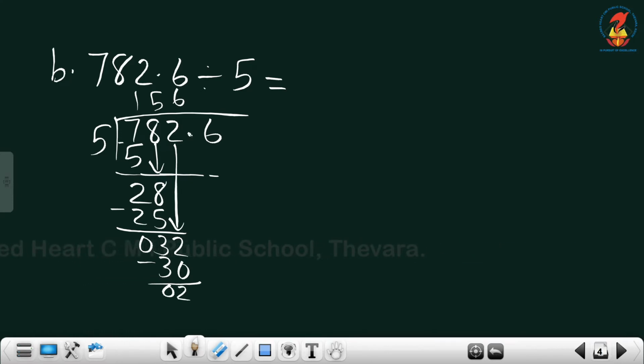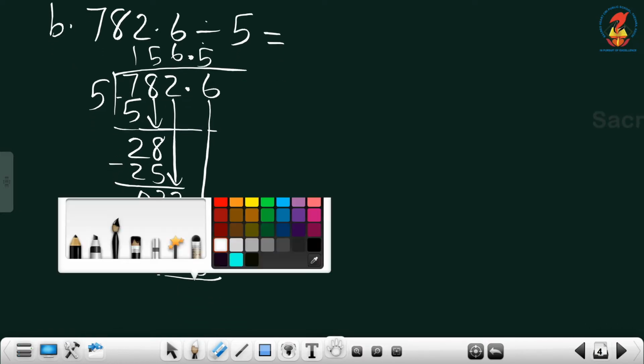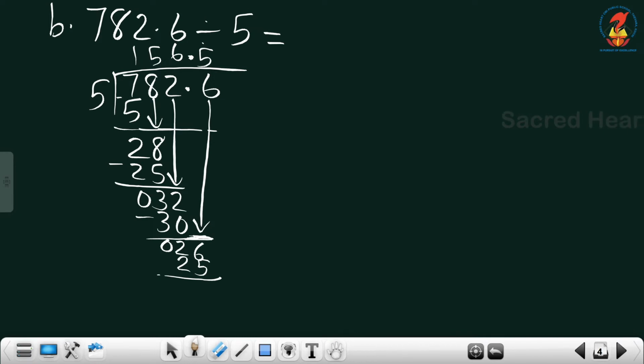After that I need to take the next digit down. But one point is there: I need to put the decimal point in the quotient also. Then only I can take the next digit down. That is 6, 26 only, right? And 5 5s are 25. And the remainder is 1. And see, if the remainder comes, what do I want to do?